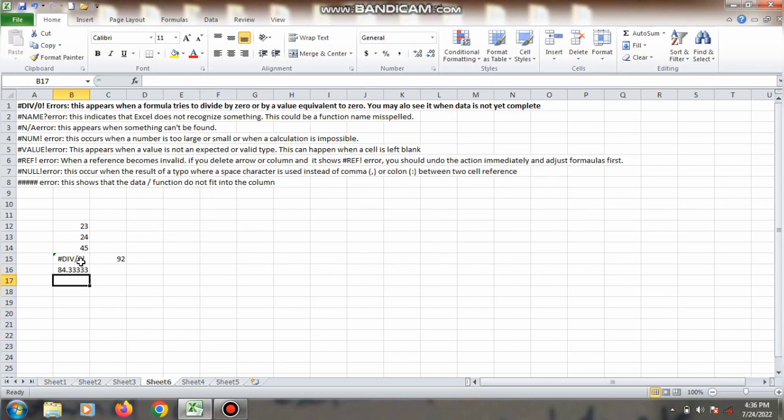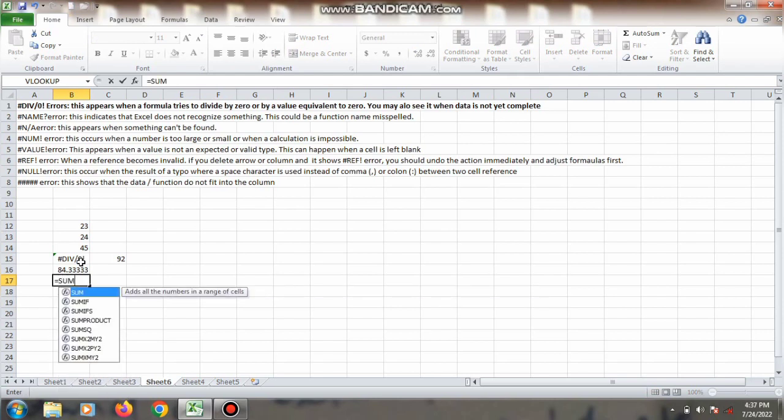Then you also have a #REF error when your reference becomes invalid. If you delete and it shows, quickly do what? Quickly undo and adjust your formula. The #NULL error occurs when what you type has a space instead of a comma.